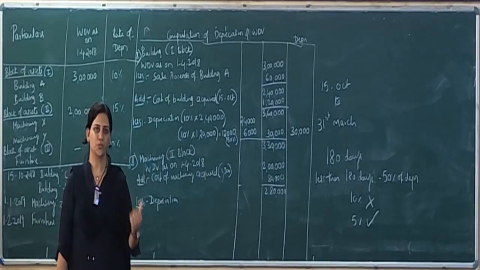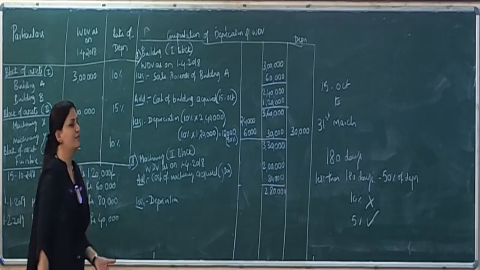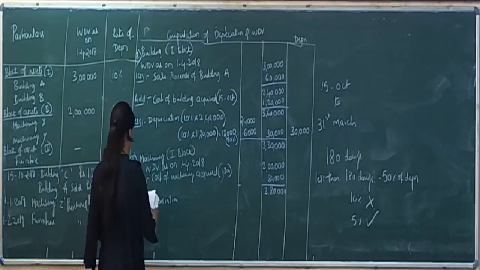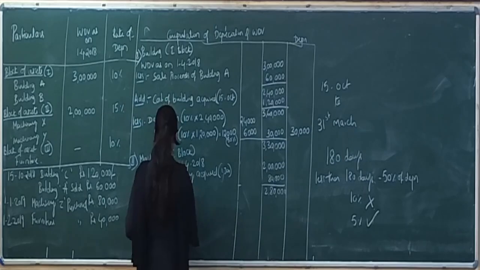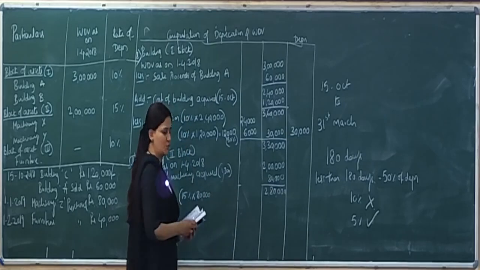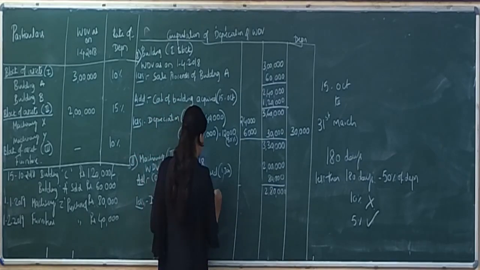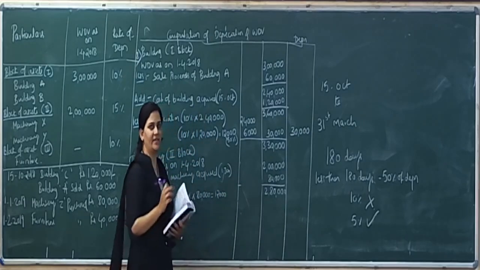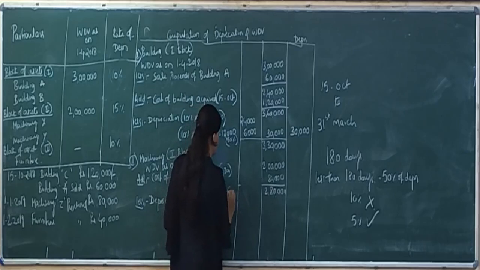Definitely it will be less than 180 days for which it is being used. So again we are going to provide 50% of depreciation. Of 80,000, that comes to 12,000. So now in bracket I will write 50% of it.